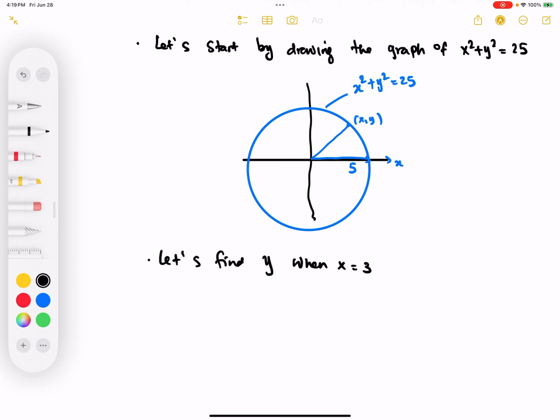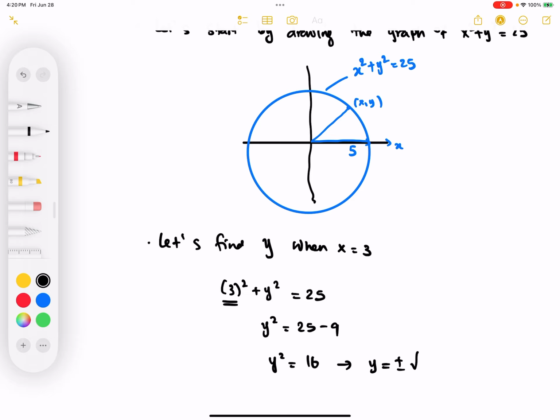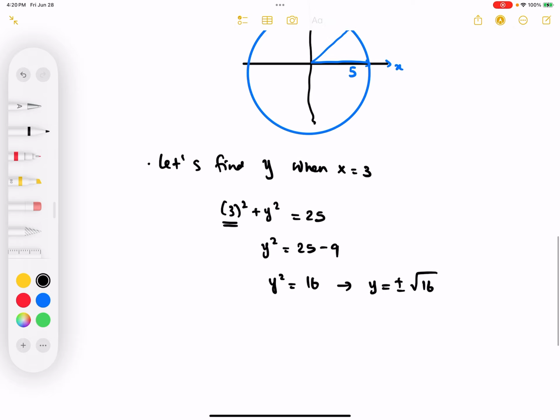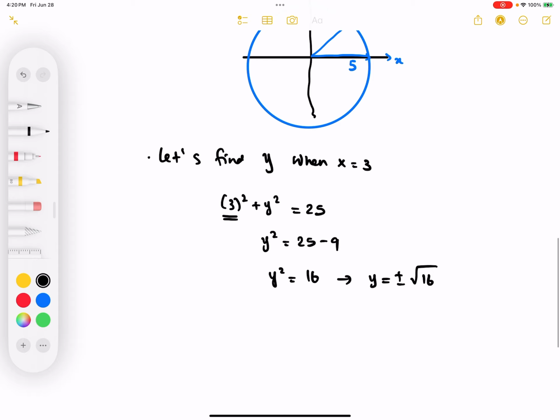So y squared is 25 minus 9, so we have y squared is equal to 16. This implies that y is equal to plus or minus root 16, which is plus or minus 4.